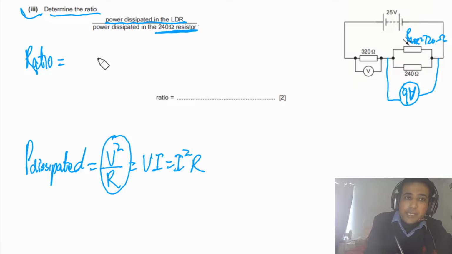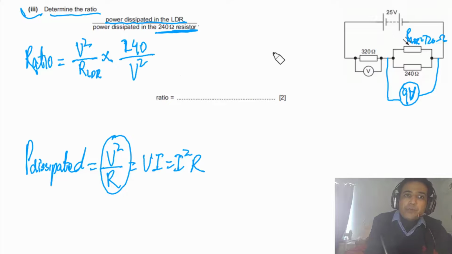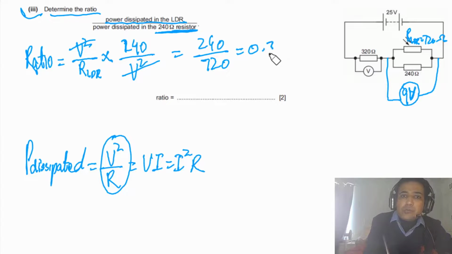The power dissipated in the LDR will be V squared divided by the resistance of the LDR, multiplied by, because this is in the denominator, 240 divided by V squared. V is the same, so this V with this V will be cancelled. So we get 240 divided by 720. If we solve this one, this is the ratio. So this is our final answer.